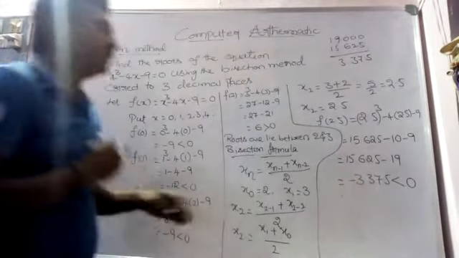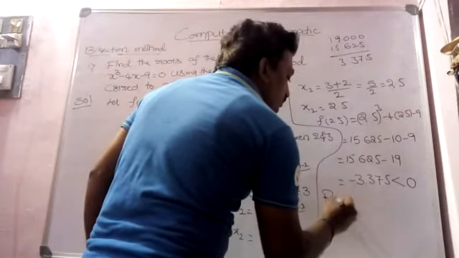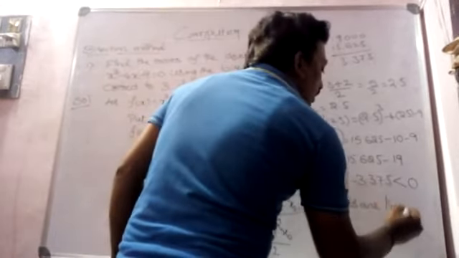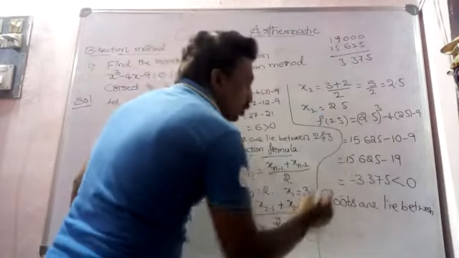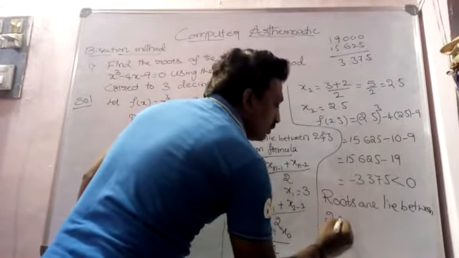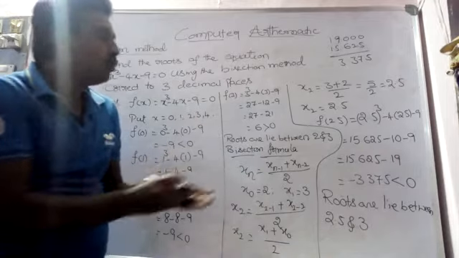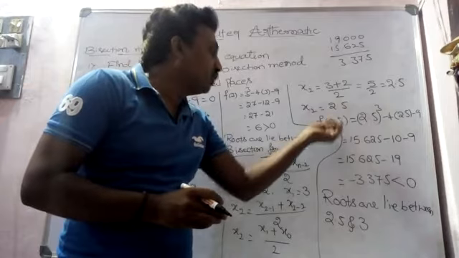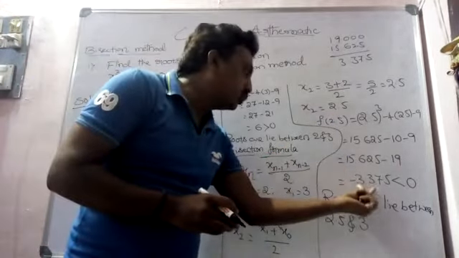So when we get less than 0, then the roots lie between 2.5 and 3. Here observe the main point. When we substitute this value 2.5 in the x place, we get a negative value.